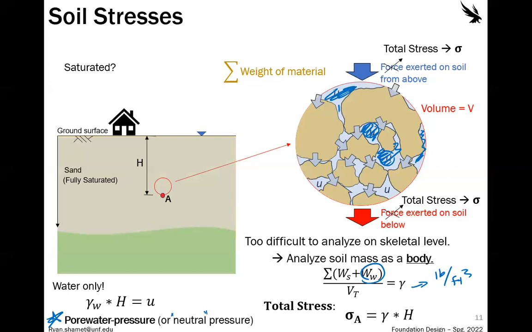But if it is static, then that pore water pressure, U, which is also sometimes shown as PWP in some geotech reports, will just be shown as the unit weight of the water multiplied by the height of the water. So as the total stress increases, our pore water pressure will also increase, because the more water we're adding, the more total stress. Total stress is everything that we're feeling at that point A.